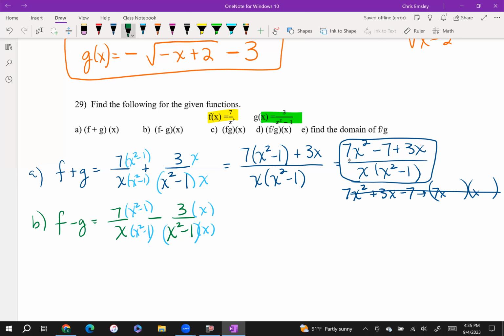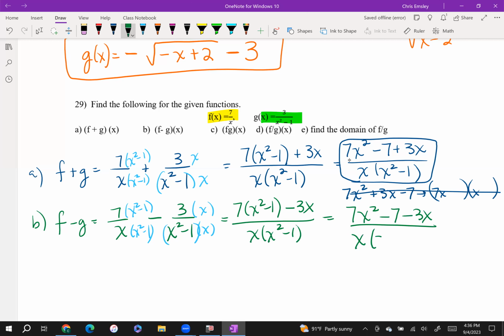Next step's going to look real similar, except we'll have a minus 3x here. And then if we distribute, again, 7x squared minus 7 minus 3x, that's the only difference between those 2 answers. And there is the difference of our 2 functions.